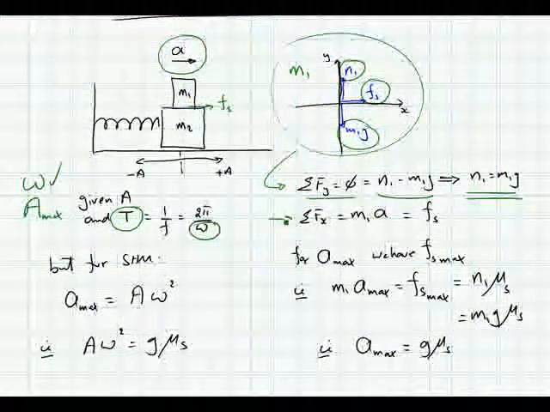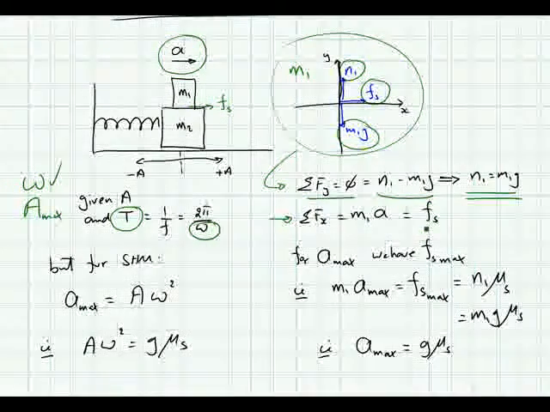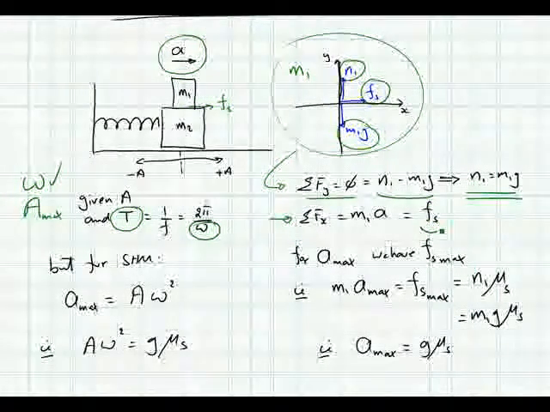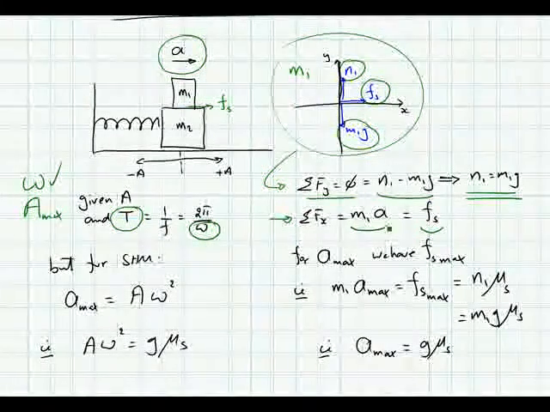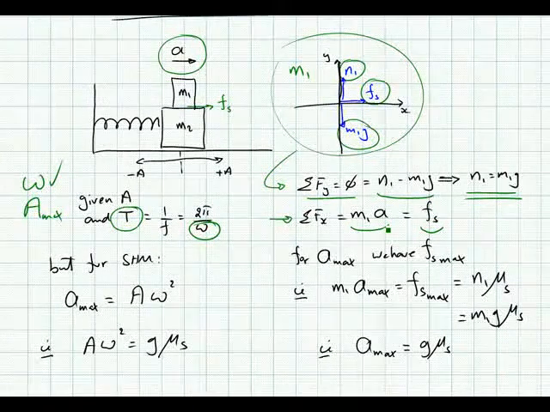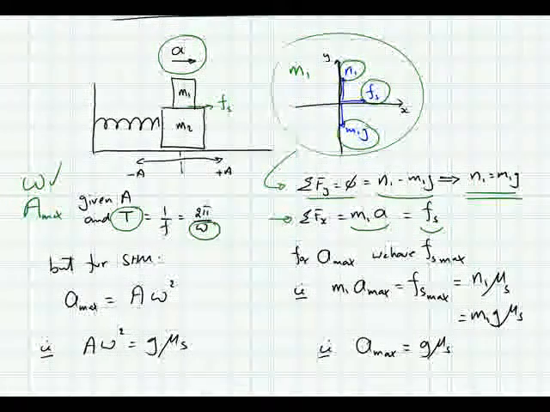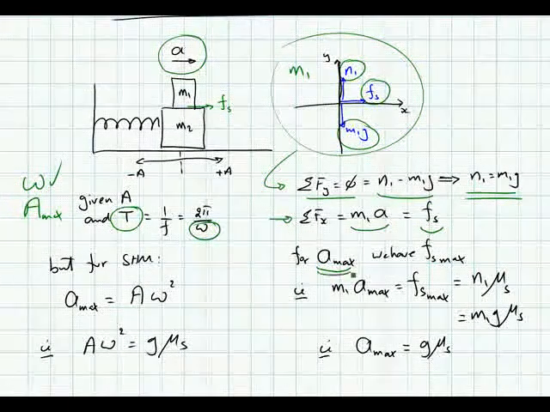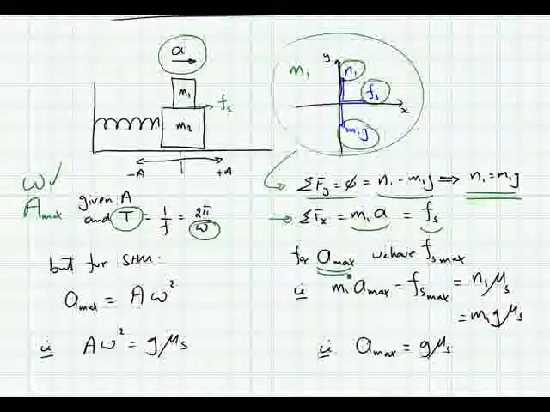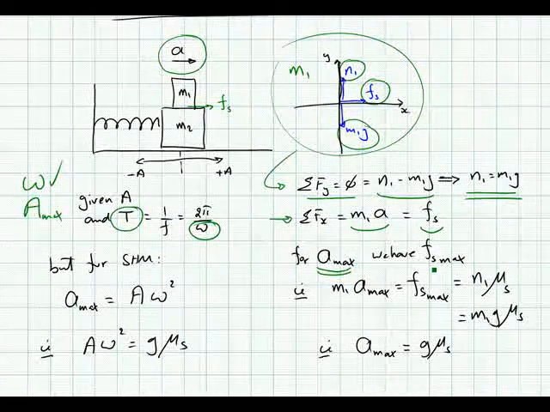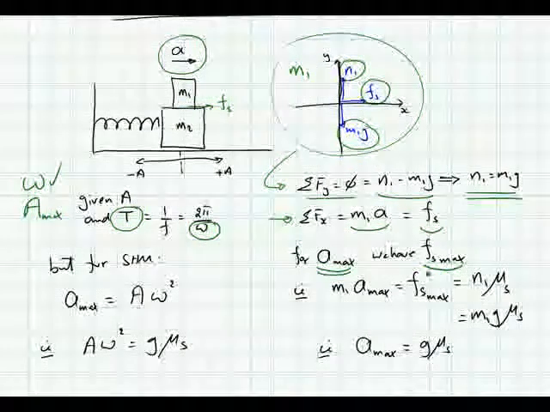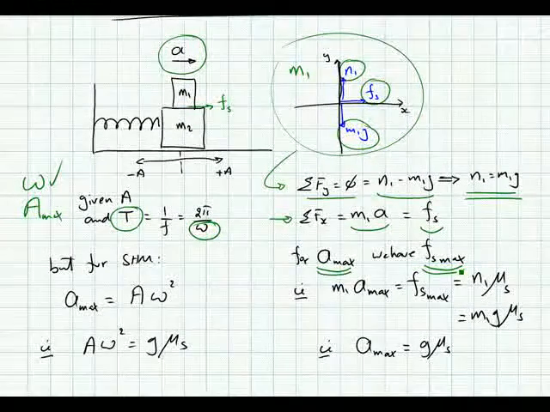Now along the x direction, the only force is Fs, the static friction force, and that must equal mass 1 times a, according to Newton's law. Now for maximum acceleration, that's when the mass starts to slip. We have maximum static friction force.